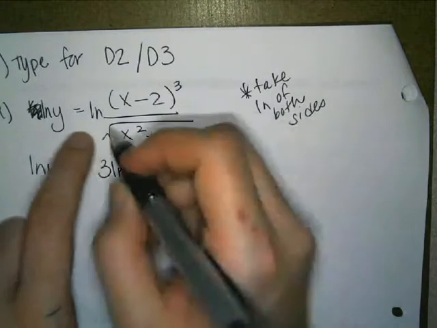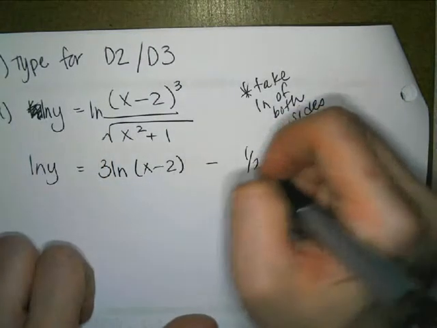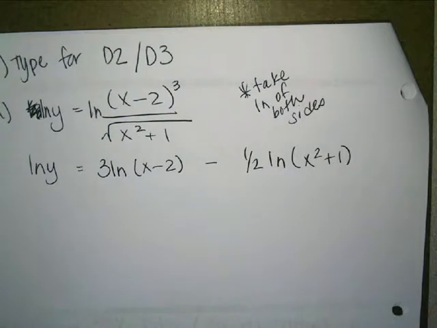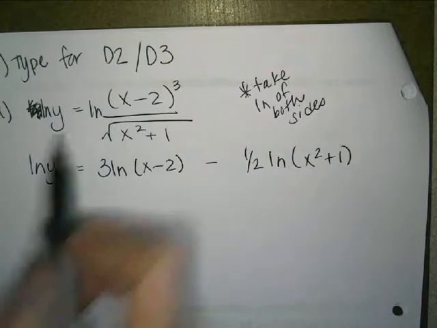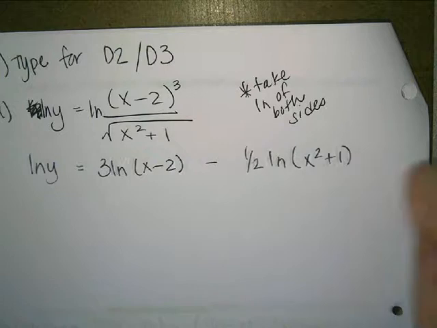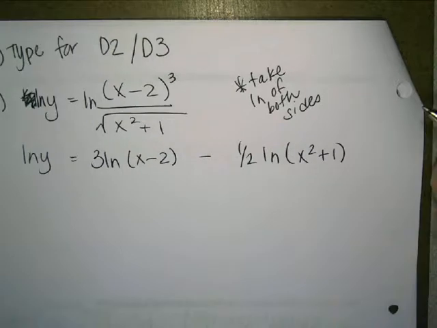That's to the 1/2, so I could break up that next one into that term. Okay, so powers come out in front, and then the quotient is no longer, because of properties of logs. I keep saying properties of exponents.